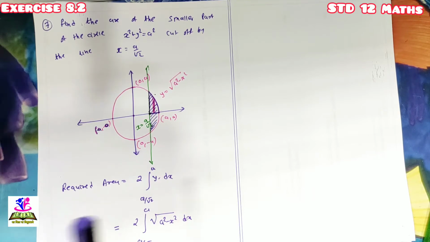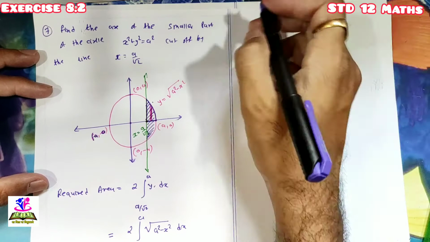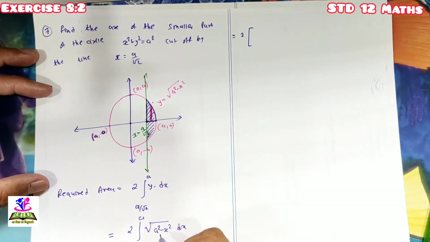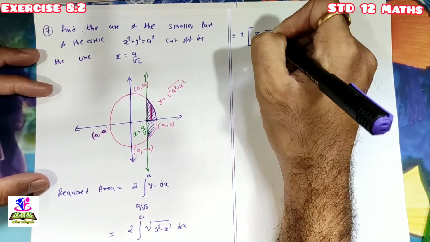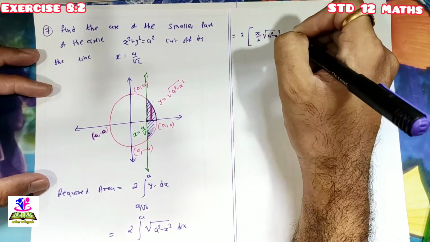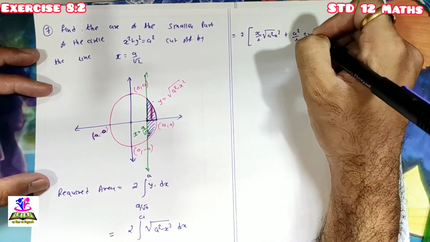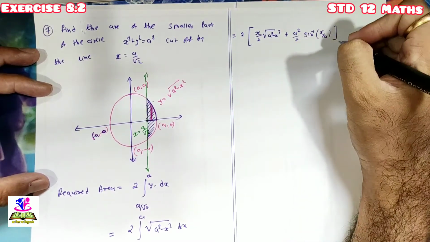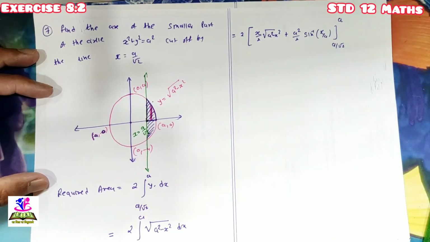So by the formula, the integration is twice of x by 2 square root of a square minus x square plus a square by 2 sine inverse x by a, with limits a upon root 2 to a.